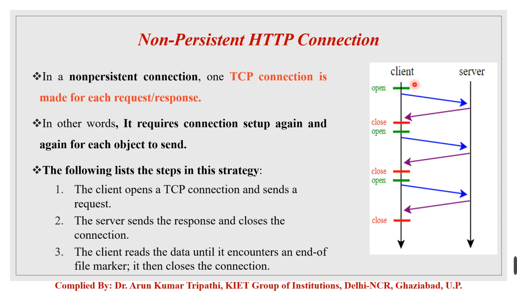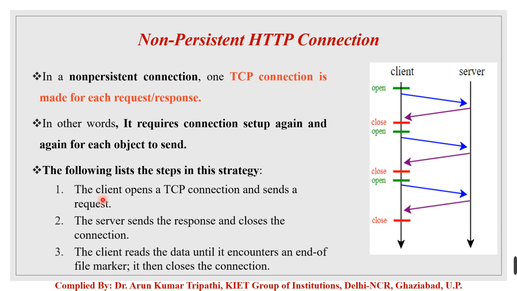Next time, whenever the client again requests a web page, it goes to the server, and after completion of the request, it gets closed. So corresponding to each request, the session is established and then closed each time.